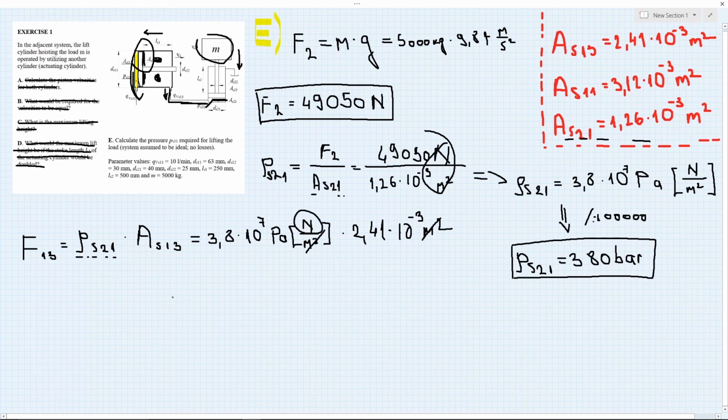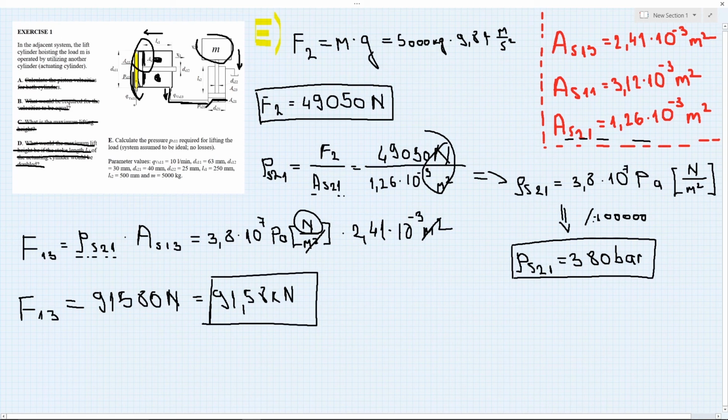Now we only have newtons left, so the force is going to be equal to 91,580 newtons, which is 91.58 kilonewtons. Okay, so this is the force that will push this piston rod and this piston to retract, to go left.